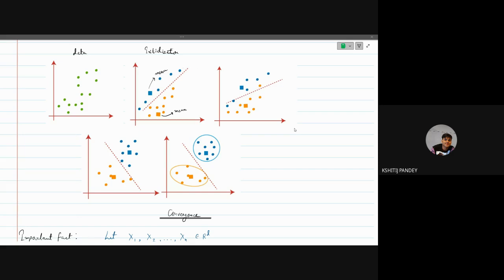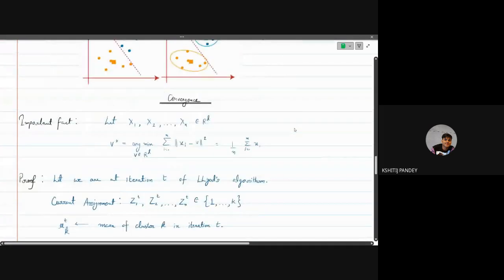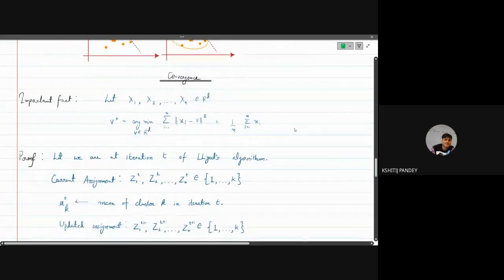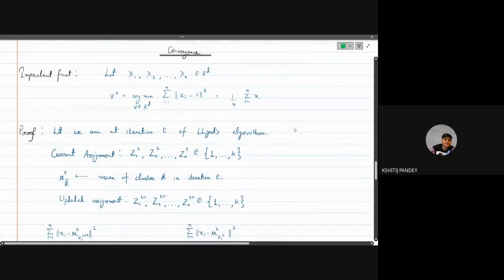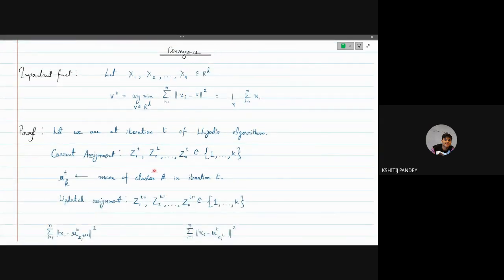Is that clear? Yes, sir. Okay. So after reassignment, these are the cluster indicator values.